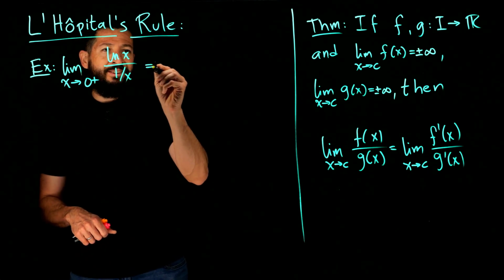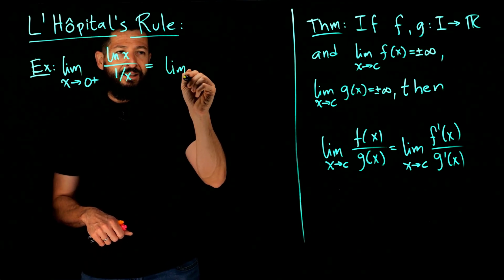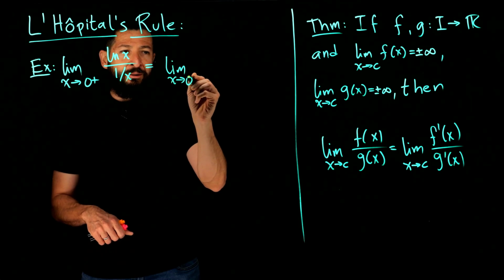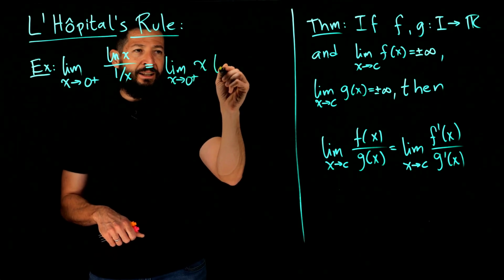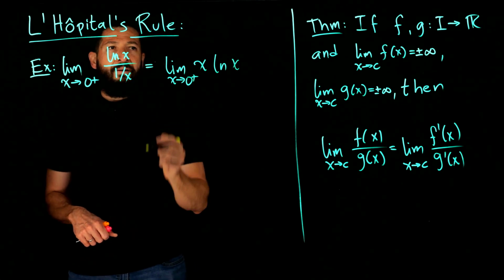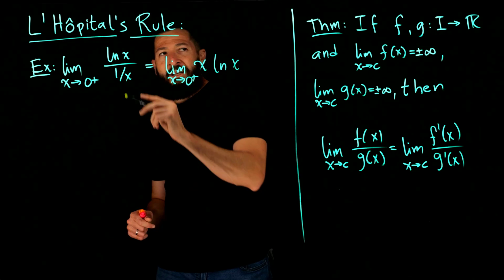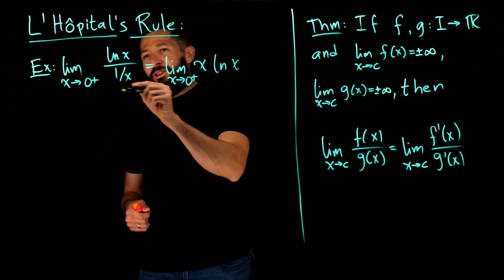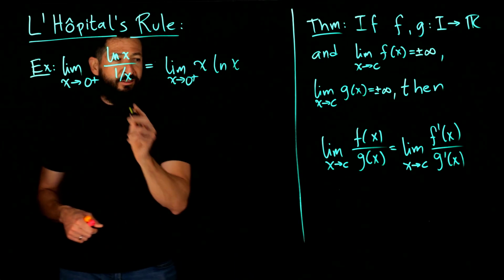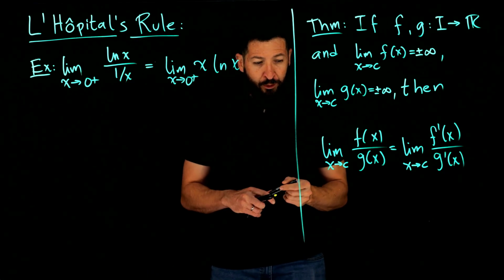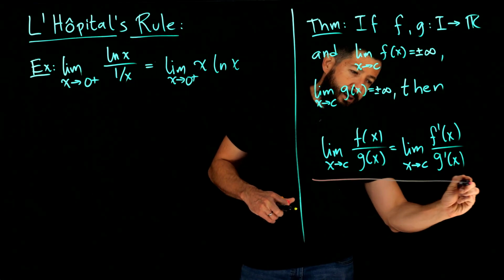Usually that one would be stated as the limit as x goes to 0 of x times natural log of x. You notice that these two quantities are the same because multiplying times x is the same as dividing by its reciprocal.